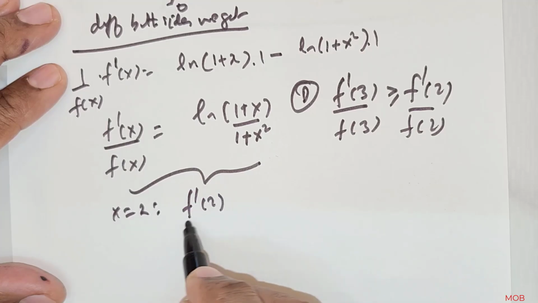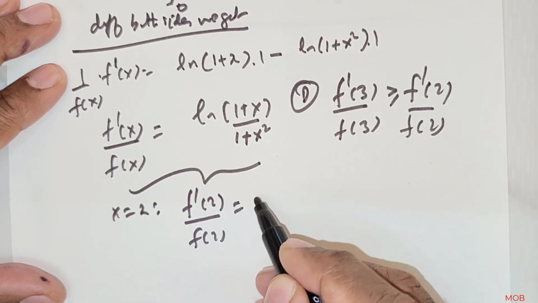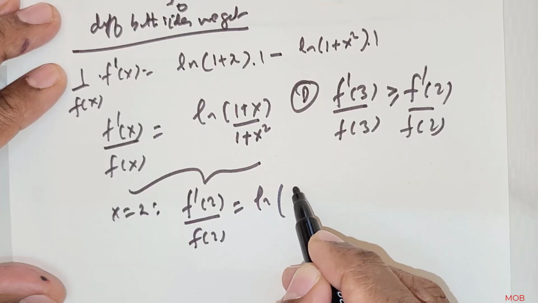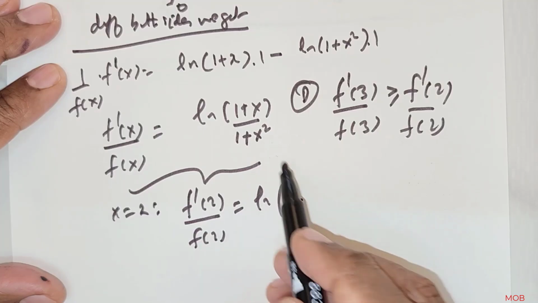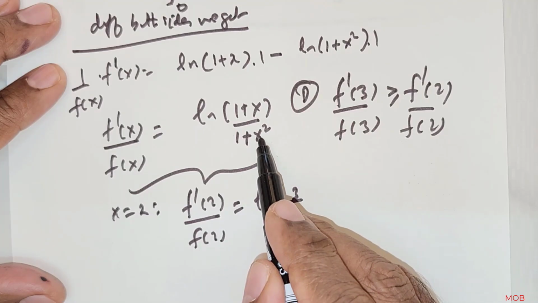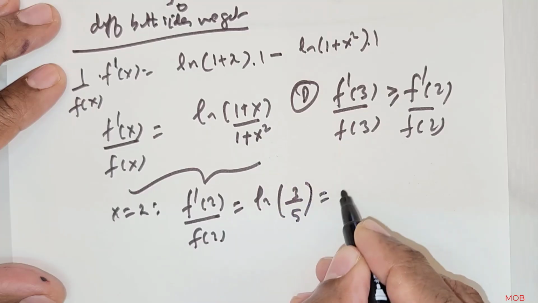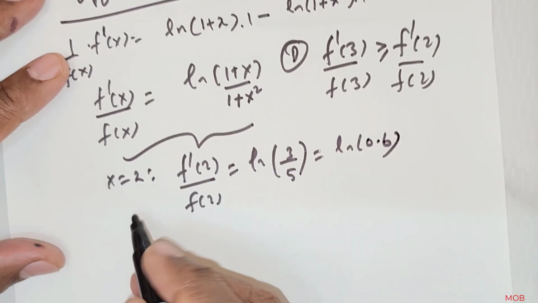You get f dash of 2 divided by f of 2 is equal to ln of 3 divided by 2 squared plus 1, which is 4 plus 1, which is 5. So this is ln 0.6.